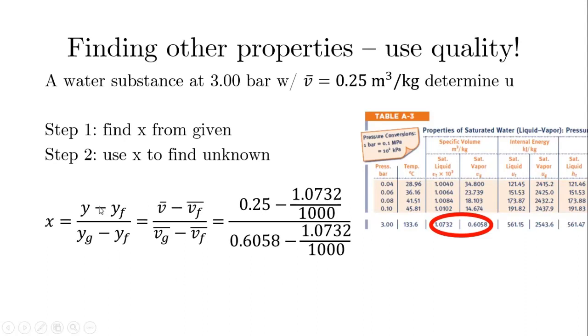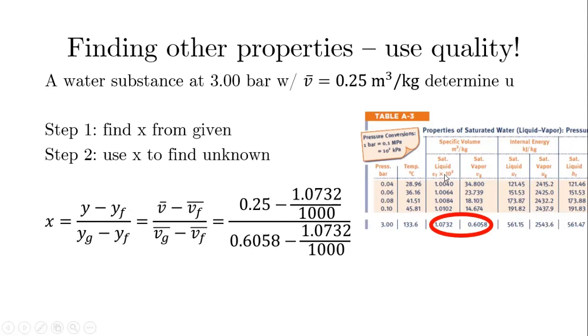So again, the quality is whatever the specific point I want, minus the property for the liquid, divided by the property for the gas minus the property for the liquid. Okay, so y is just a random thing. I could put v for it, I could put u for it, I could put h for it. So since I'm given v, let's put v. So for my v, which is given as 0.25, I want to know what my quality is. So I'll put 0.25 for my v, and I know that the volume for the liquid is 1.07325 divided by 1,000.